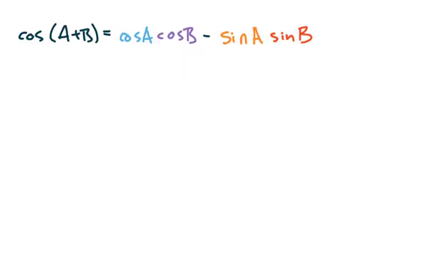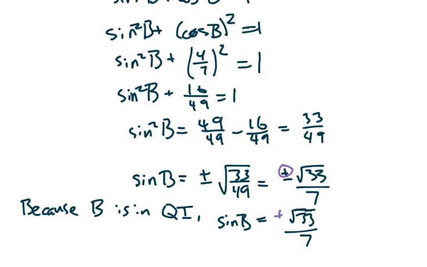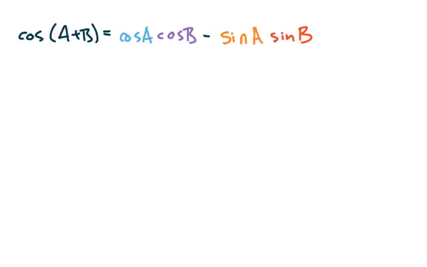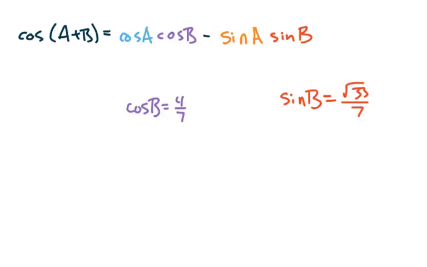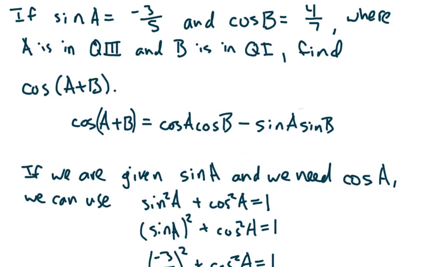So coming back to the cosine of A plus B. We were given a bunch of stuff and we found out a bunch of stuff. We found out that sine of B is positive root 33 over 7. So there's one. We were told that cosine of B is 4/7. So there's 2 down. Going back further, we were also told that sine of A was negative 3/5.